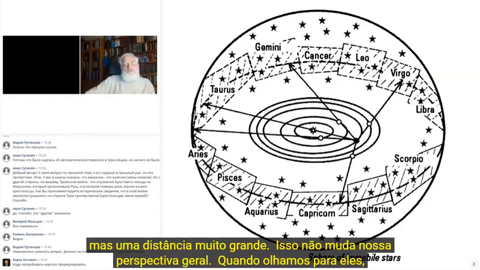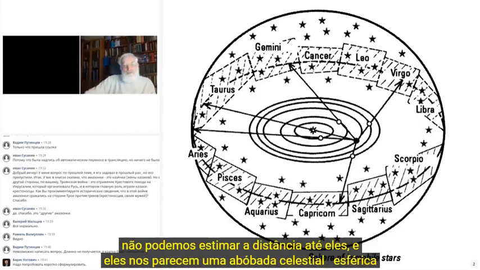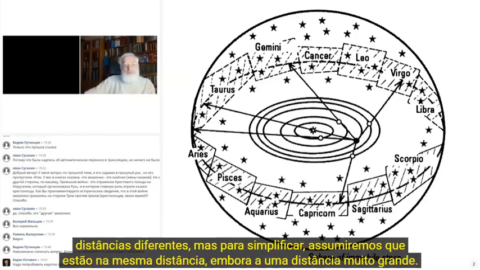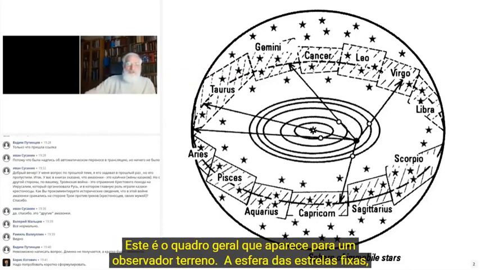This doesn't change our overall perspective. When we look at them, we cannot estimate the distance to them, and they appear to us as a spherical celestial vault. This is what astronomers call the sphere of fixed stars. In reality, they are at different distances, but for simplicity, we will assume they are at the same, albeit very large, distance. This is the general picture that appears to an earthly observer.